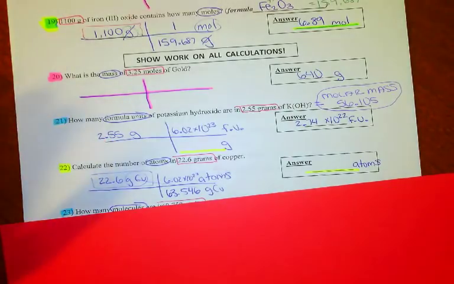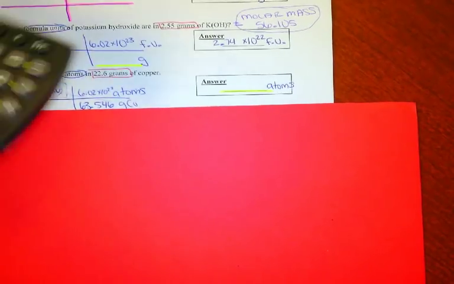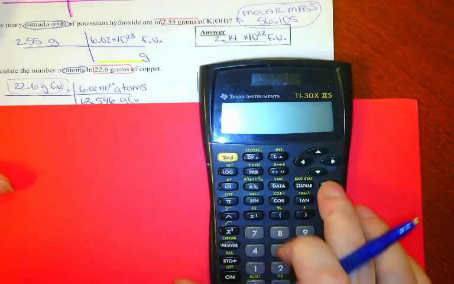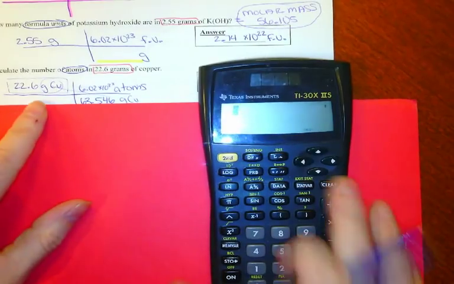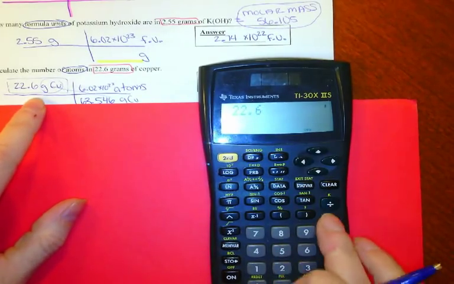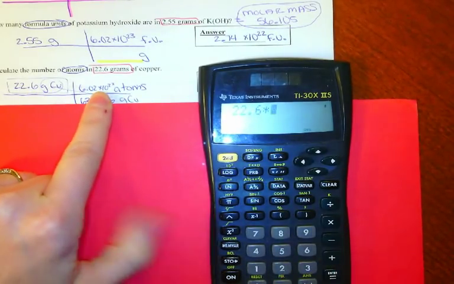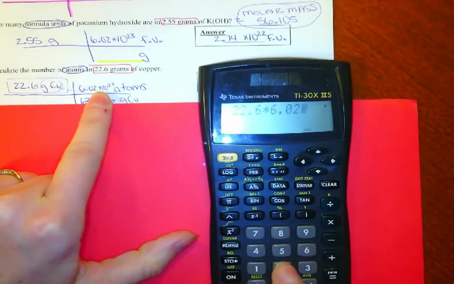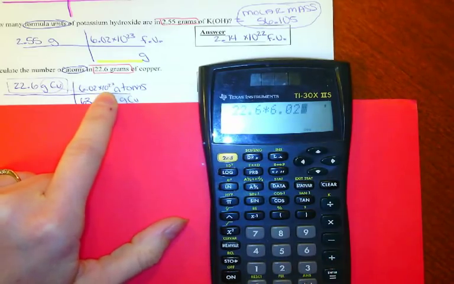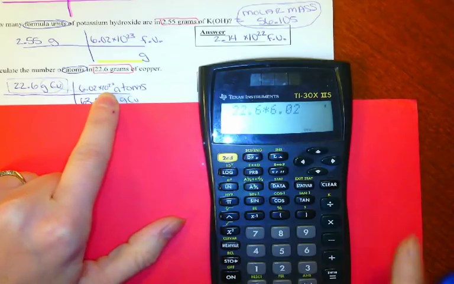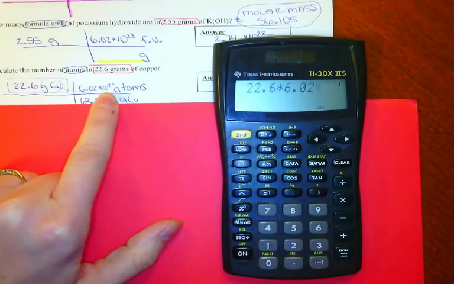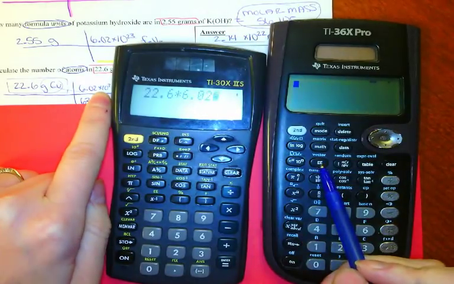Okay, I'm going to show you real quick, if I can find it, how to put this in on a different calculator. Dang. Sorry, guys. 22.6, so I'm going to go times the top. So 6.02, and then times 10 to the power of, we said was the EE button, the easy exponent button, which on our class calculators is right here.